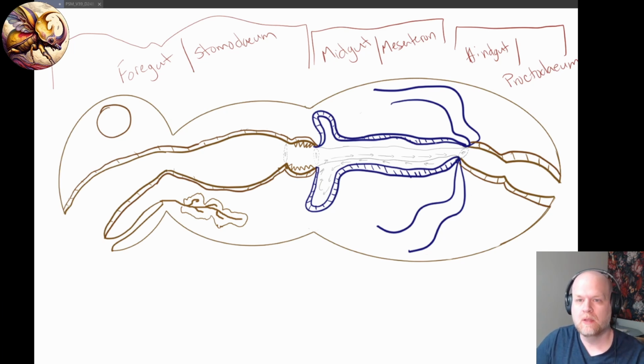So the reason that the foregut and hindgut are in brown and the midgut is in blue is that the foregut and hindgut have something in common with the external body wall, and it's that these are chitinous and frequently sclerotized layers.